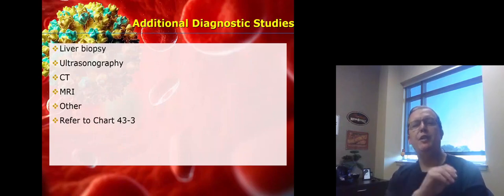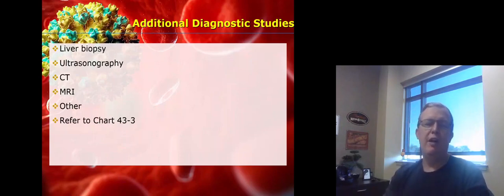Now, in addition to the chemical profiles that I just described, if those indicate that we have liver problems, we may not be able, from history alone, to come to a clear diagnosis of what's caused this problem. A good example is alcoholism versus NASH, non-alcoholic steatohepatitis.